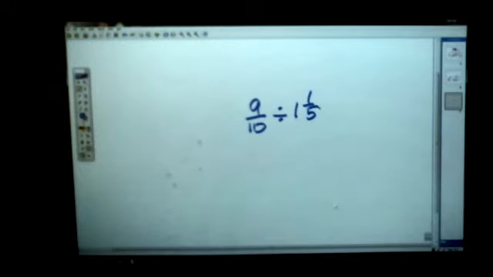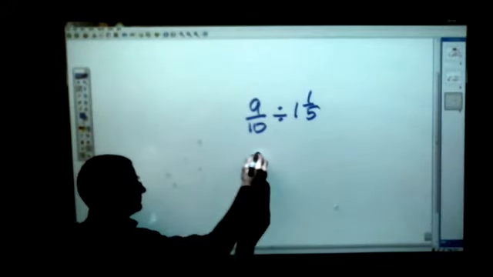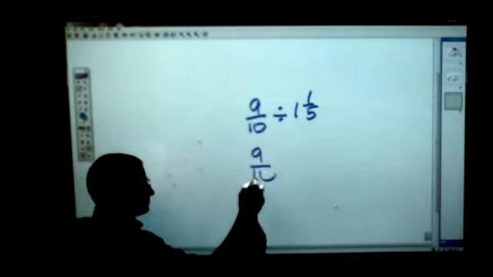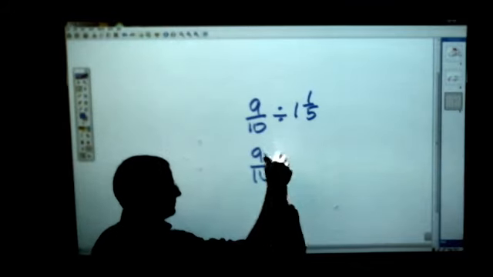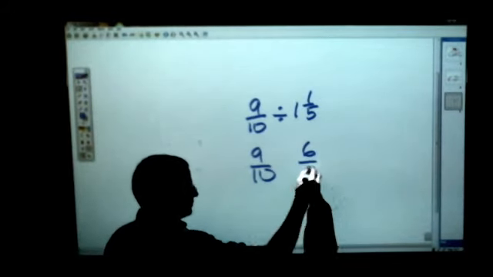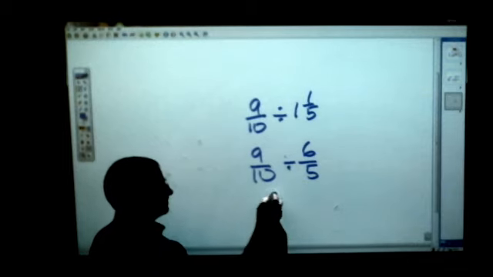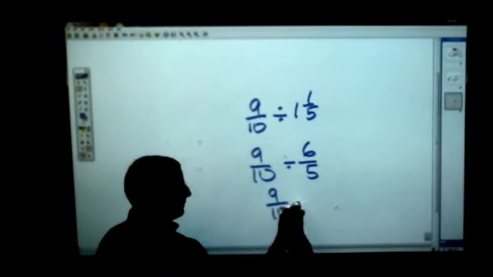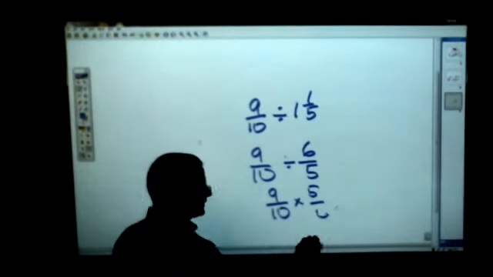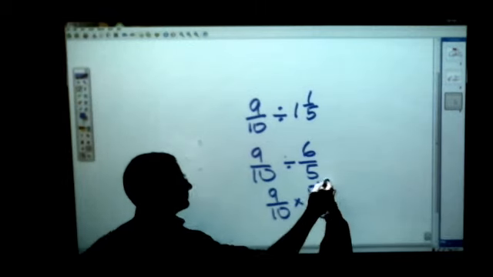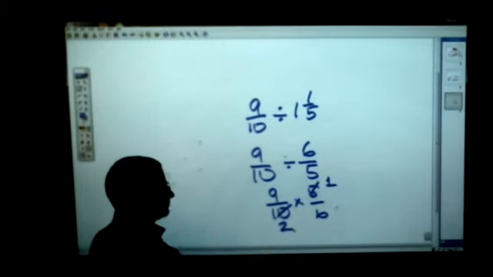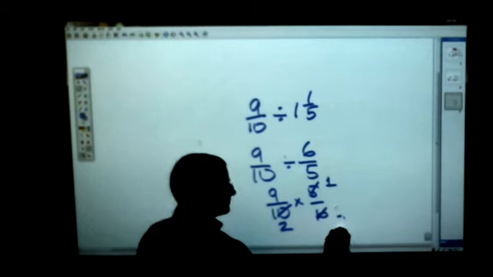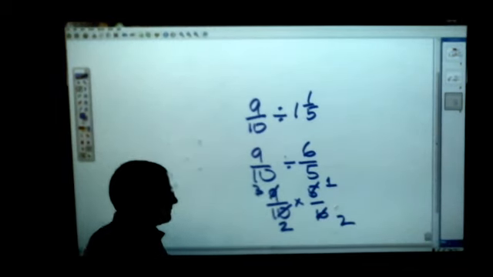Nathan Conrad says 3/10. Let's check and see. This stays 9/10. You make this improper, it is 6/5. It's still division. I still can't cross cancel until I flip and multiply. It is times 5/6. 5 goes into 5 once, 5 goes into 10 twice, 3 goes into 6 twice, 3 goes into 9 3 times.